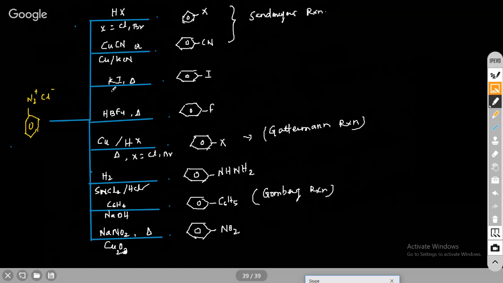And the last reaction I'll write down here: any acid hydrolysis, if you do H plus H2O, then you will get phenol, OH here. And in all these reactions, N2 comes out. Nitrogen gas evolves. So these are the few important reactions of diazonium chloride.